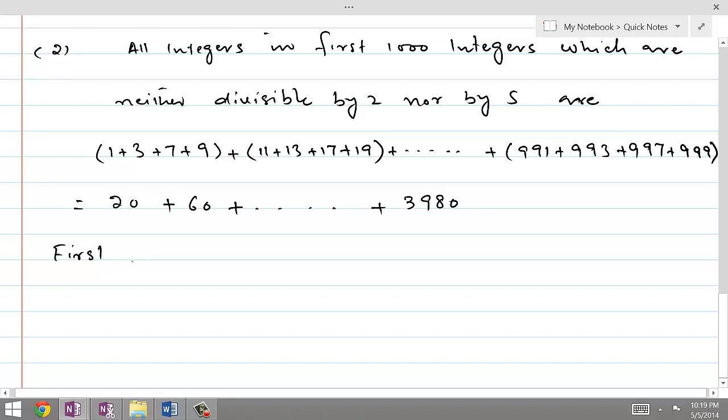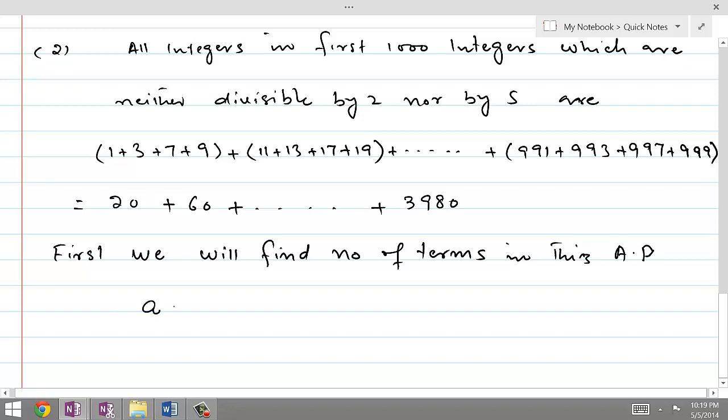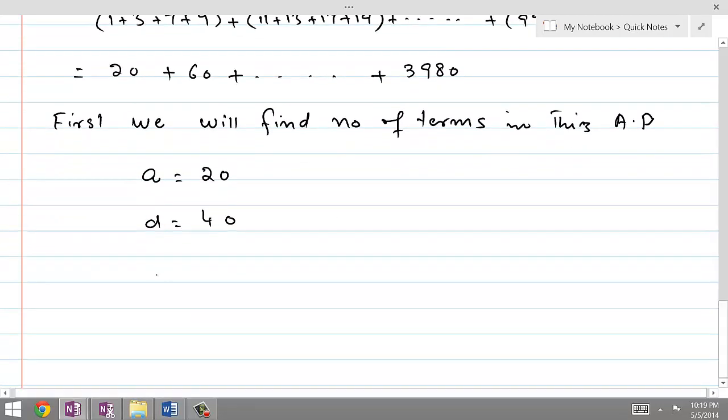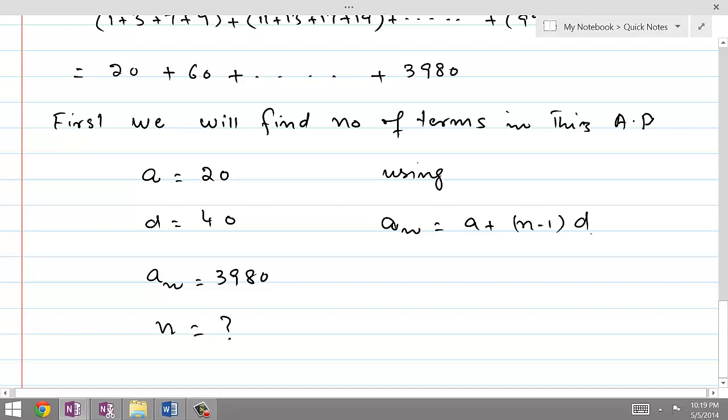First we will find the number of terms in this AP, in which the first term is 20, the common difference is 40, the nth term an is equal to 3980, and n is not known, that we will find using an is equal to a plus n minus 1 into d.